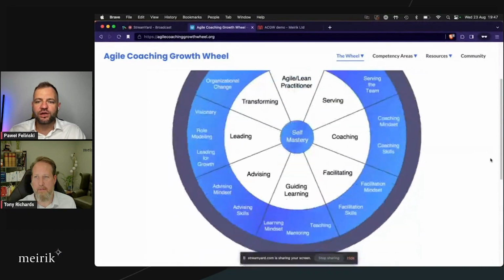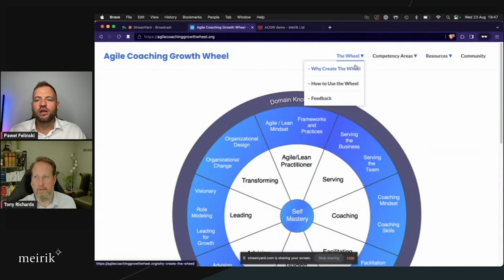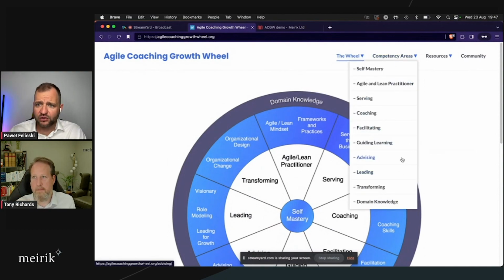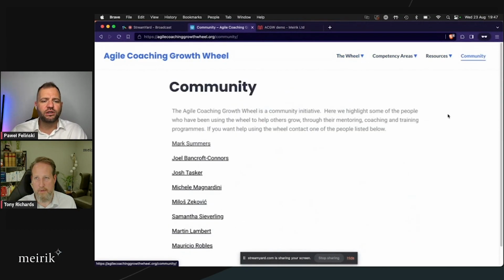You see the framework, you see extra notes, the explanation why it was created, details about the competency areas, and so on. I'd like to focus your attention on the community, so the people behind the wheel. If we open any subpage of people from the community, let's take a look at Mark Summers.